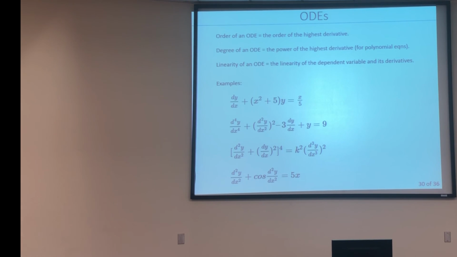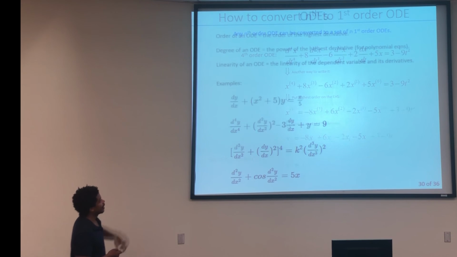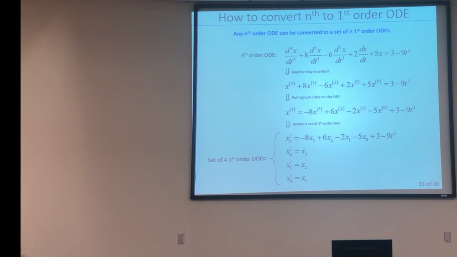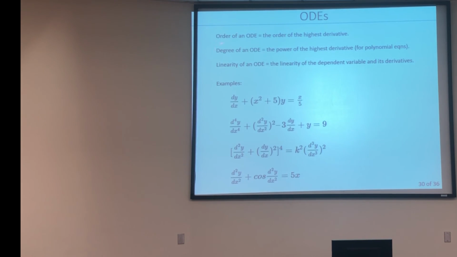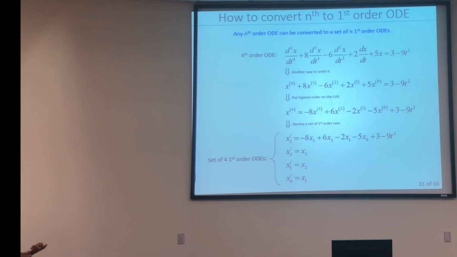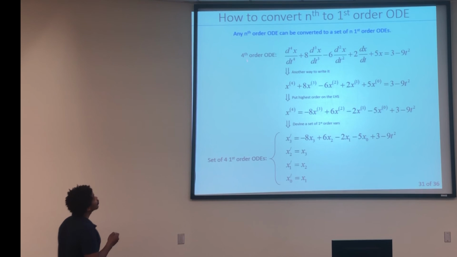Yes, nonlinear because of the cosine. So anyways, that's that. But this part is important for today because we're going to look at the order of ODEs. One thing you need to know, if you want to simulate ODEs, is that you have to be able to convert an nth order ODE to a set of first order ODEs. So we're going to learn how to do that right now. So here's a fourth order ODE right here.